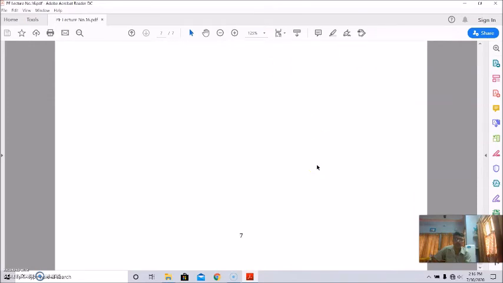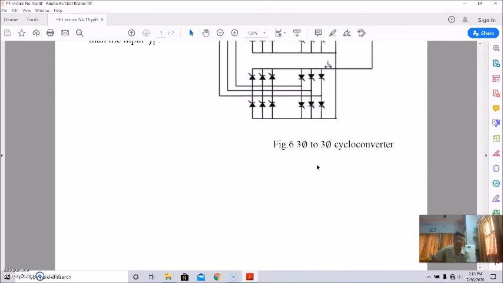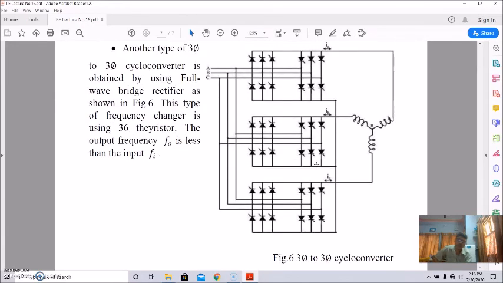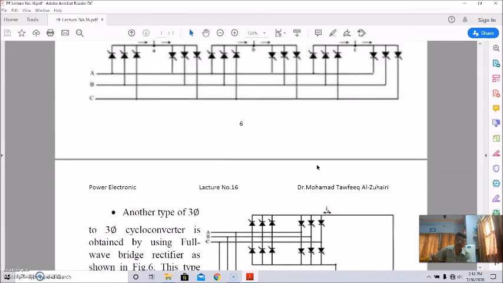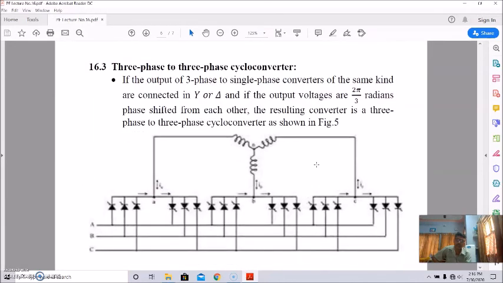Basically, what we have learned in this lesson on cycloconverters is that a cycloconverter is used for AC to AC conversion. That means AC of a certain frequency gives output as another AC of a different frequency.